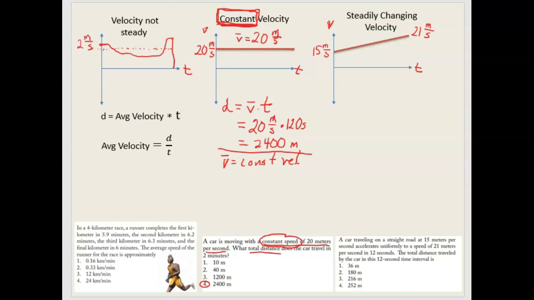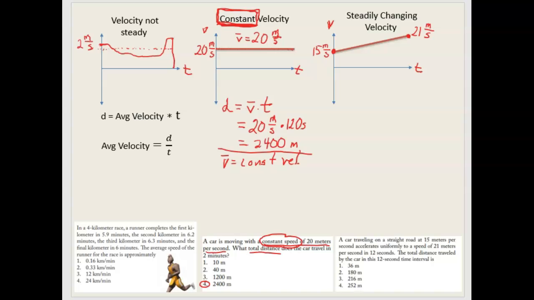But in any event, if your object is speeding up steadily or slowing down steadily, you're going to see this kind of situation. This is the starting velocity, or the initial velocity, and this is our final velocity. So you're going to be given a starting velocity and an ending velocity.